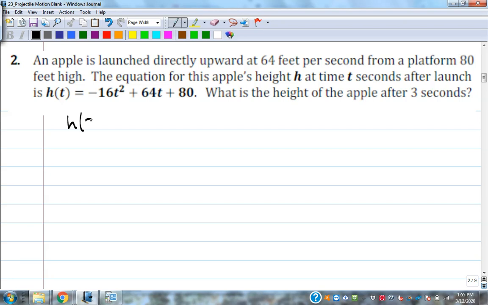So h of 3 is negative 16 times 3 squared, plus 64 times 3, plus 80. However you want to work that out, I'm doing a little extra handwork here just because I'm kind of bored. 180 plus 12, I mean 192.